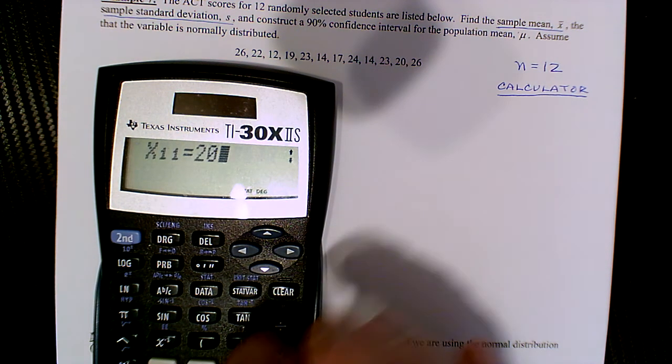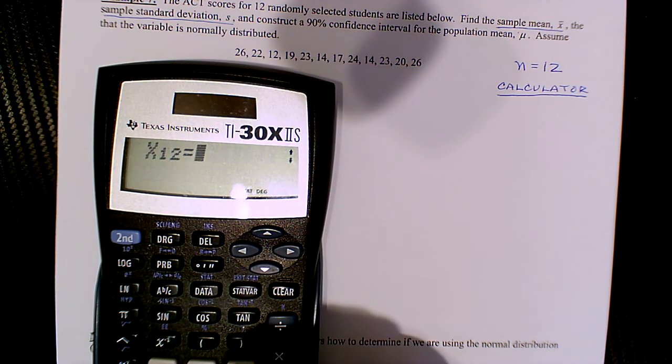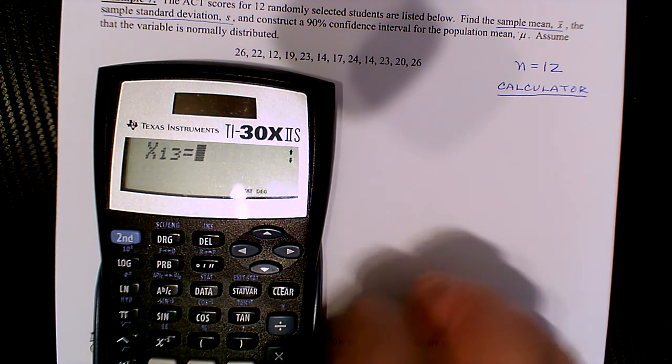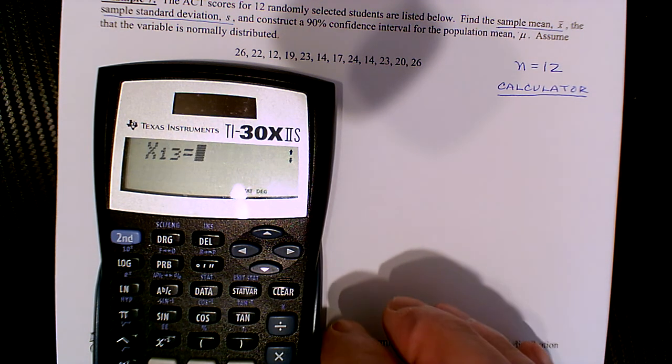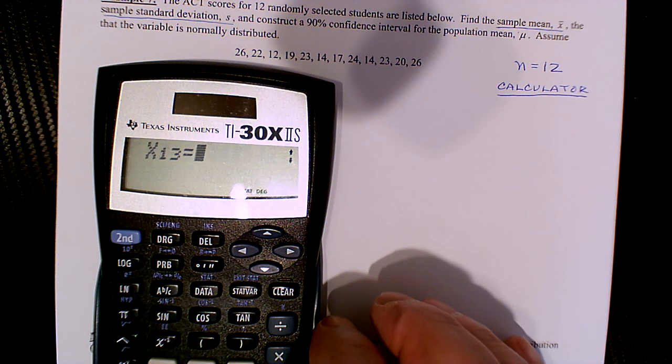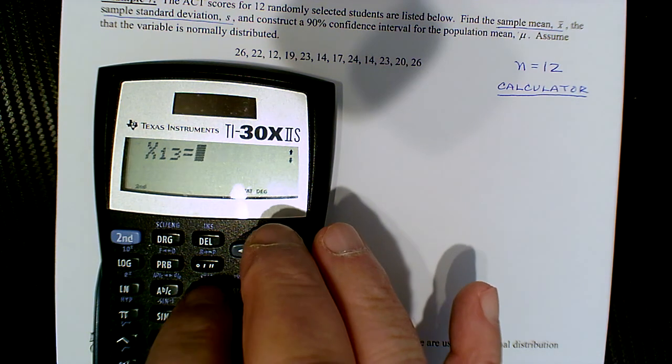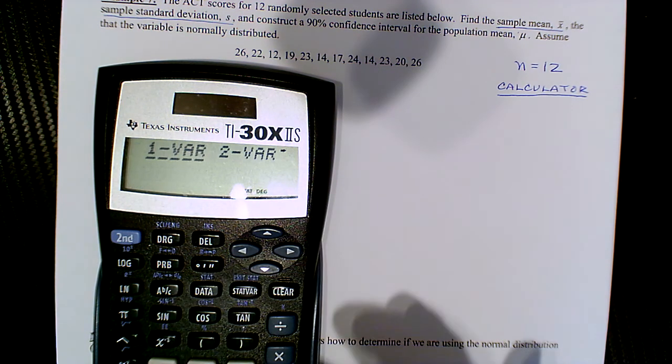second function data to get the statistics. One variable, press enter. I'm sorry, you hit stat variable, and then it brings up calculate, and you hit enter, and it does it for you.